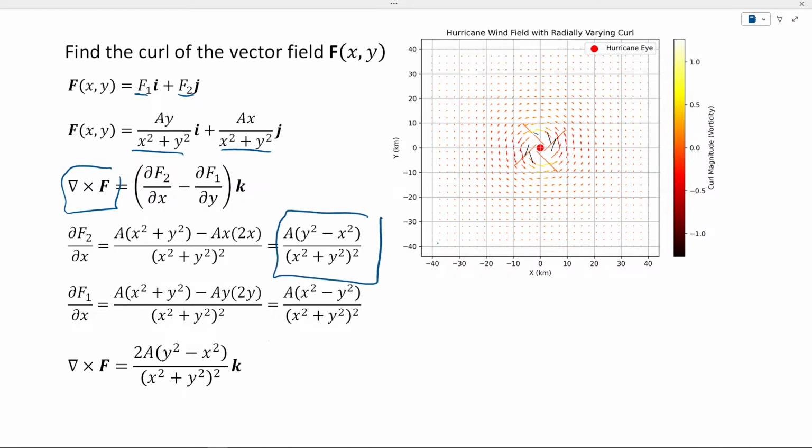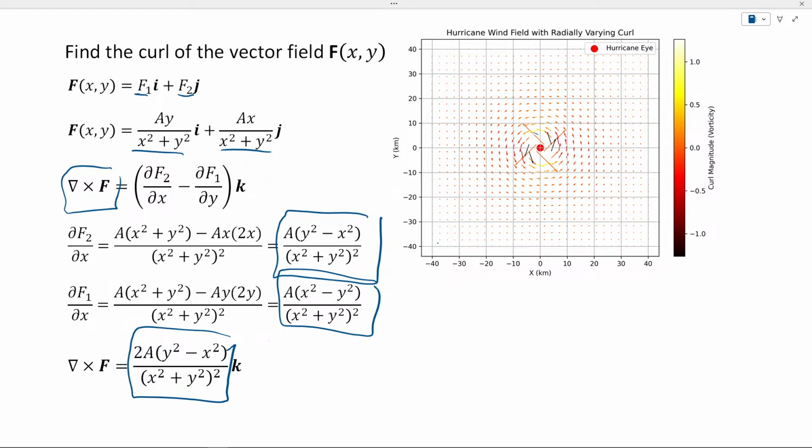The partial derivative of f1 with respect to y looks like this. You put them here, and you get something that looks like this. And you see here it's the distance squared, and that's very important. I will talk about this later. So this is the curl of this function.